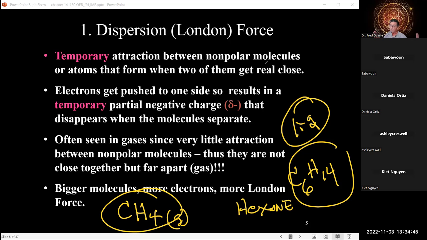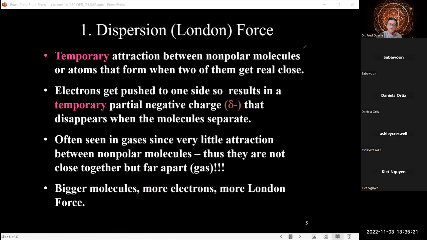Okay, they're all hydrocarbons, but the solid ones are bigger, resulting in more London dispersion forces, resulting in a solid material compared to the liquid, which has fewer forces. And all of it is related to, guess what? Electrons. These crazy electrons again, all right? These are interactions with electrons that determine the properties of the molecules.